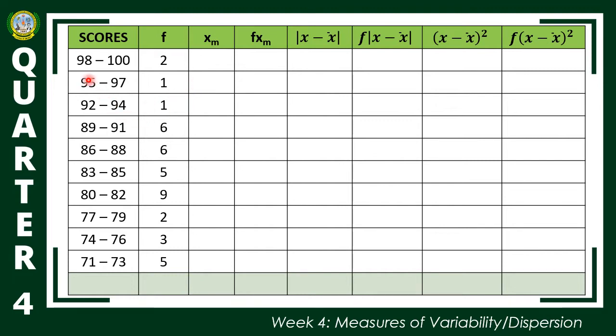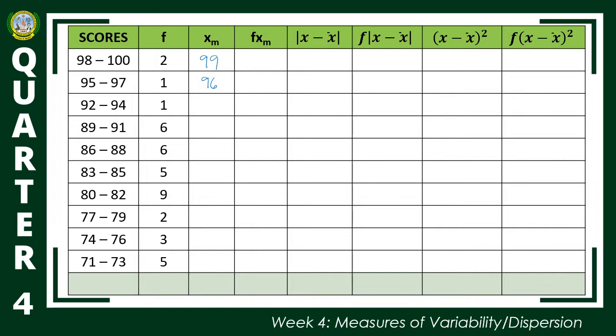So, ang class mark is the average of the lower limit and the upper limit of each class, meaning we are going to add 98 plus 100, that's 198, and then divided by 2, that is 99. Okay? So, that is the first class mark. And the next is 95 plus 97 is equal to 192. Divided by 2, that's 96. Okay? So, gagawin nyo yan hanggang sa baba.